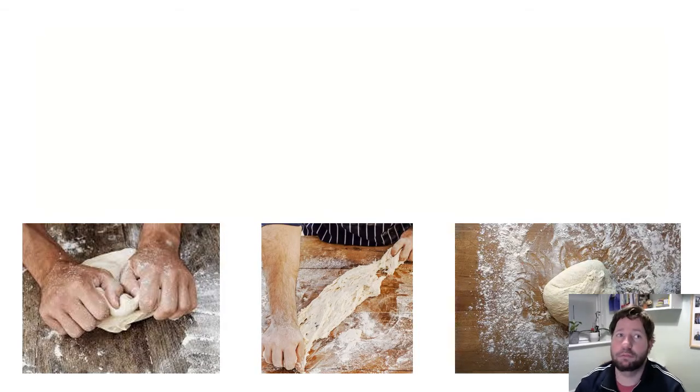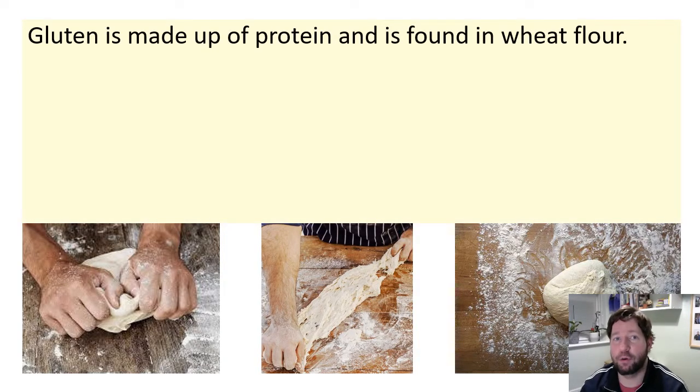In short, gluten is made up of a protein. So it's a protein that's found within flour. So you have flours like plain flour, self-raising flour, strong flour is what we're looking at. There are other flours like wholemeal flour and so on, and it is present in there. So this gluten is basically a protein found in wheat flour.